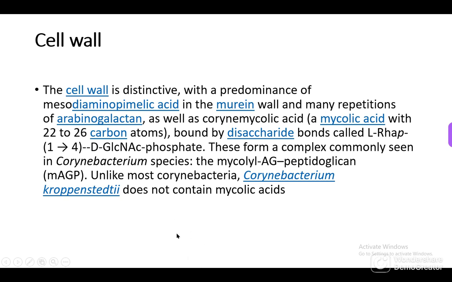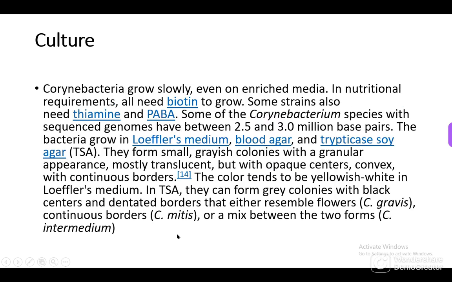They cause fever in the person. If you culture it, it grows very slowly in enriched media. Nutritional requirements: all need biotin, which is vitamin B, to grow. Some strains also need thiamine, vitamin B1, and para-aminobenzoic acid, which is an amino acid.